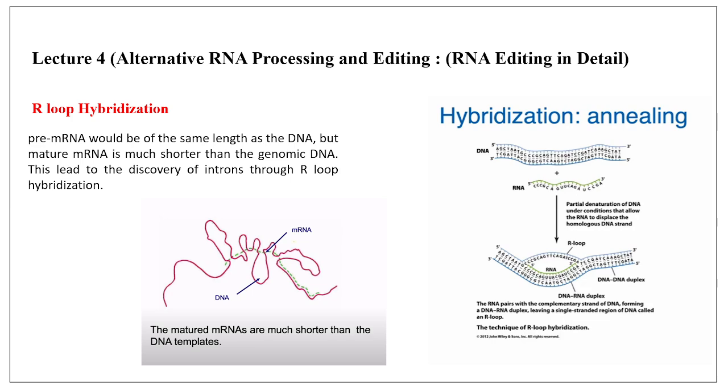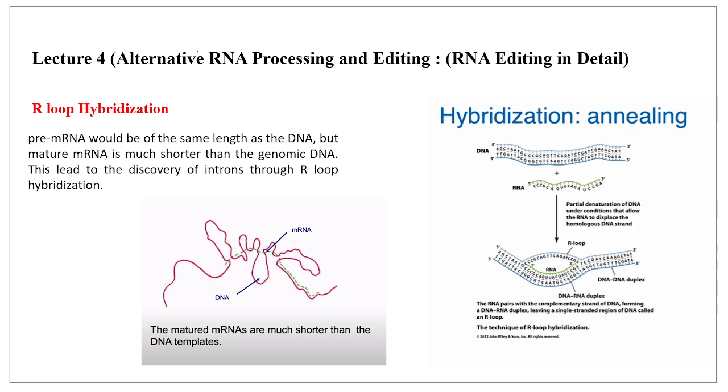And they observed that the length of DNA and the length of pre-mRNA are the same, but mature mRNA is much shorter than the genomic DNA or the pre-mRNA, which means that some portion of the pre-mRNA is getting spliced out. The mature mRNA which is formed is of much shorter length than the DNA template from which it has been formed.